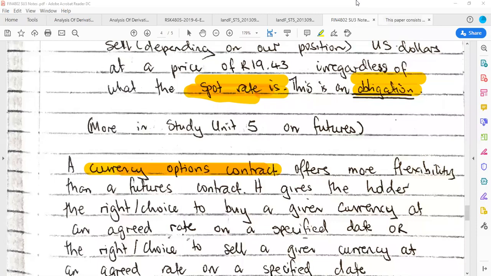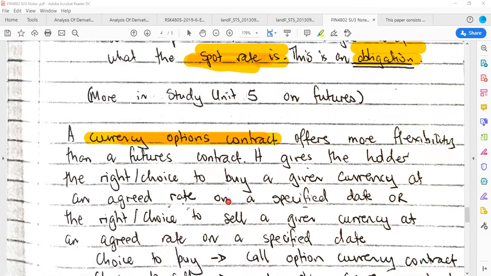So this contract has a lot more flexibility than a futures contract.